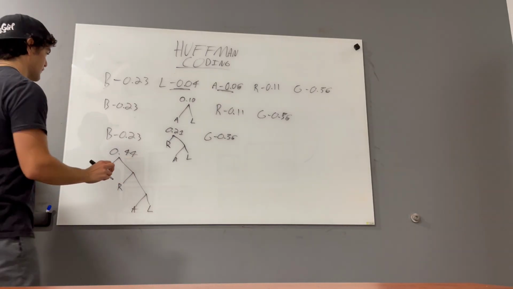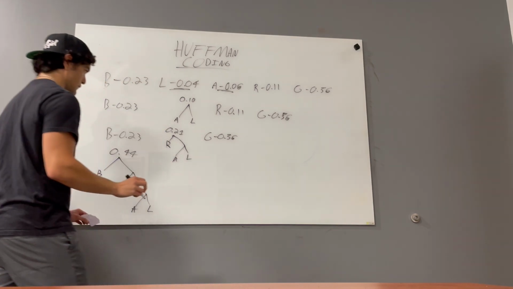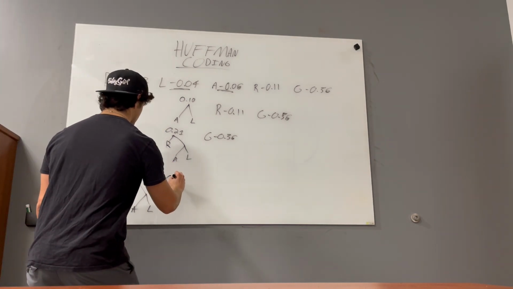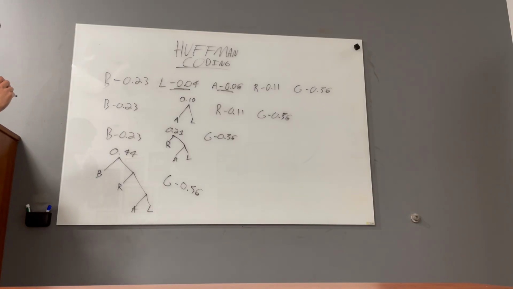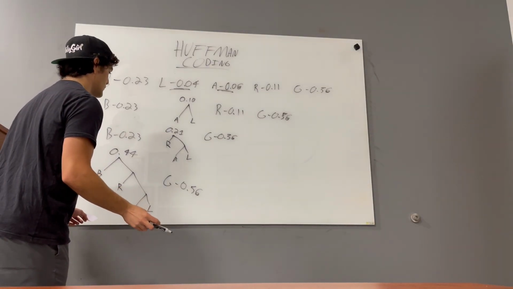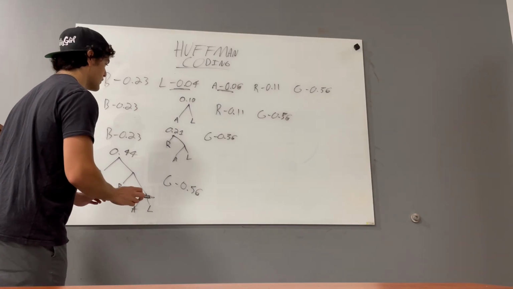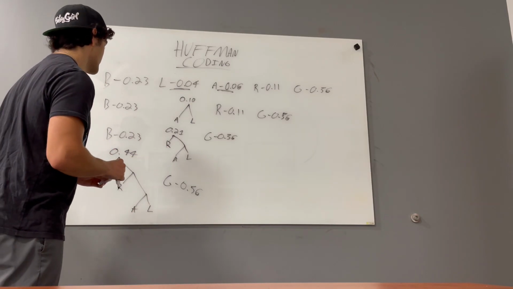And now we're just left with G. So okay, and you know you've done this right if your total is 1. I messed it up before and it was not 1. But yeah, okay.